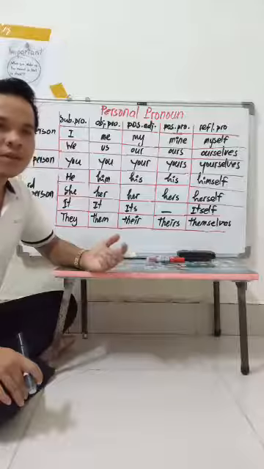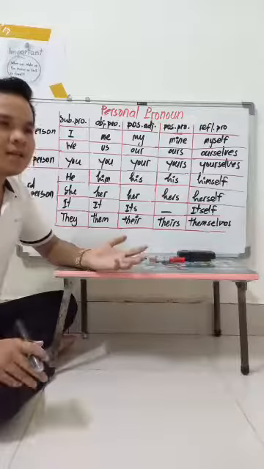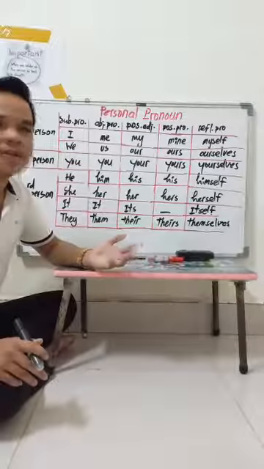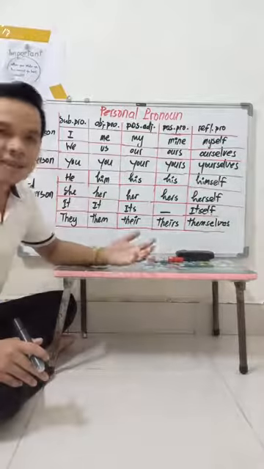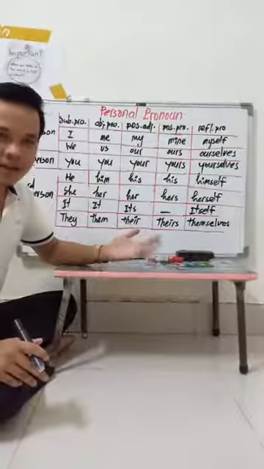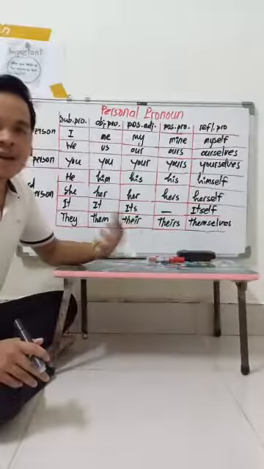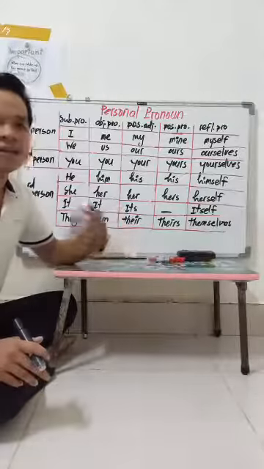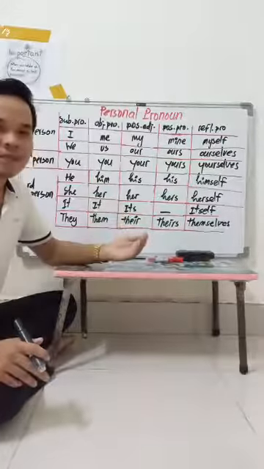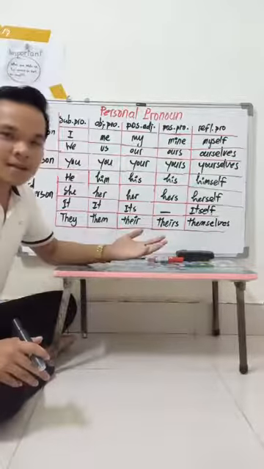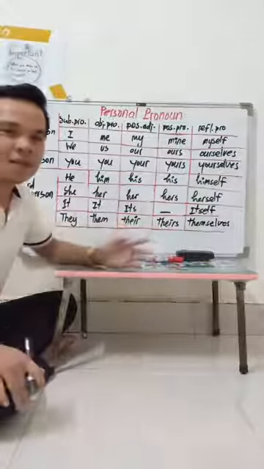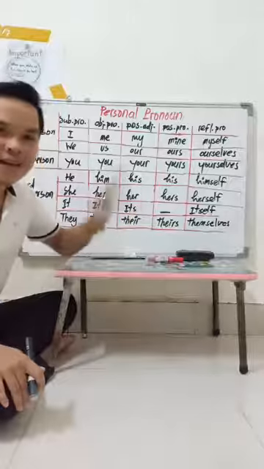Like for example, you want to say about someone's name, like Vikai. Vikai is my friend. Vikai is a good man. Vikai is a good son. Vikai is kind. So we don't say it like that. We don't say Vikai again and again.